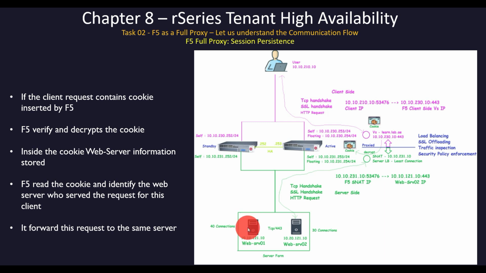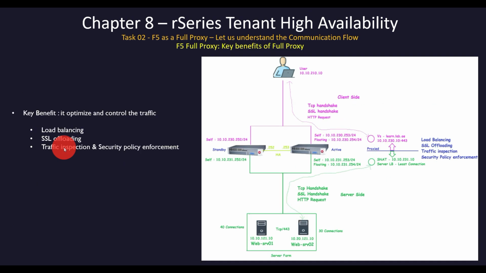Server 1 may not recognize the session and it could prompt for client re-authentication. To prevent this, FI uses cookie-based persistence. If the client request contains the cookie inserted by FI, FI decrypts this cookie to identify the server that previously handled this session. Then it forwards the client request to the same server.